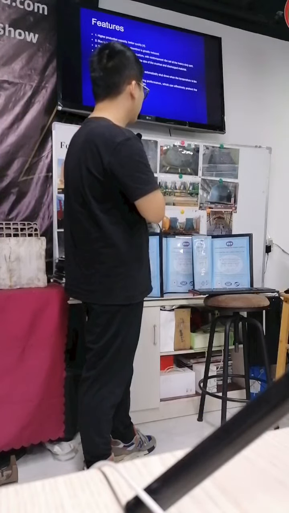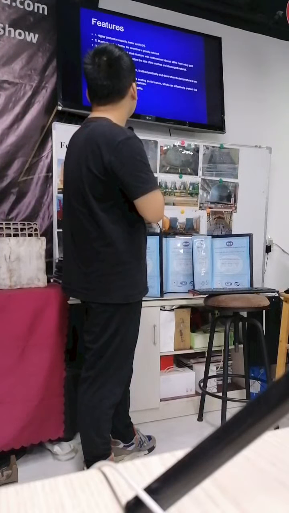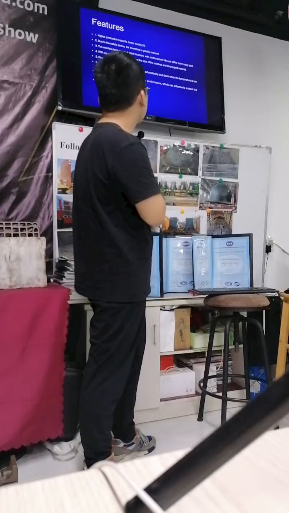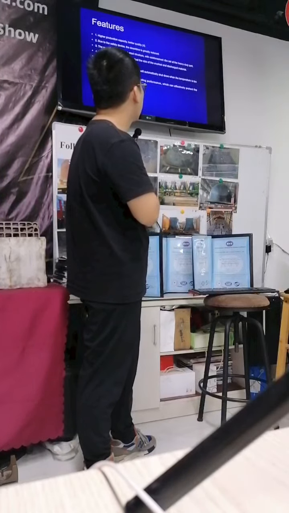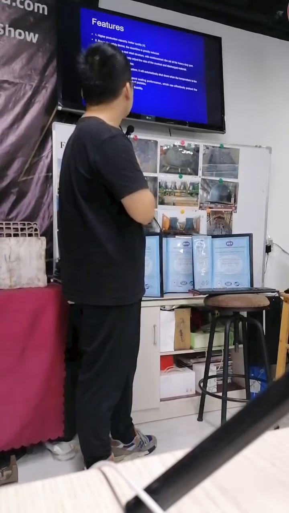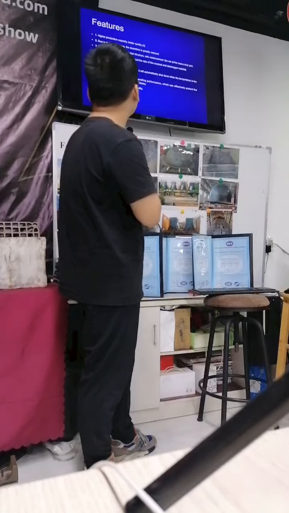The fourth advantage is with an adjuster, it can quickly adjust the size of the crushed and discharged materials.